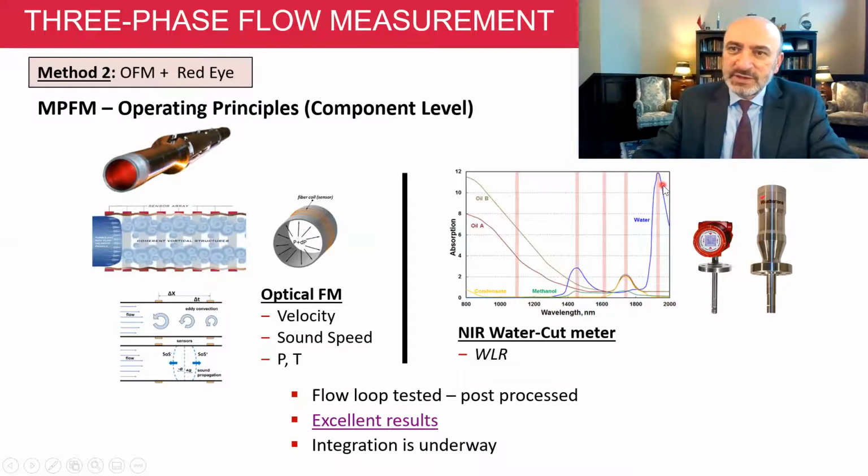And that is the reason why the water cut meter is so efficient at making the water cut measurement without being affected by the presence of gas or even the chemistry of the fluid. I'm not going to go into more detail, but there is a very nice animation available on YouTube, which describes the measurement technology in detail.